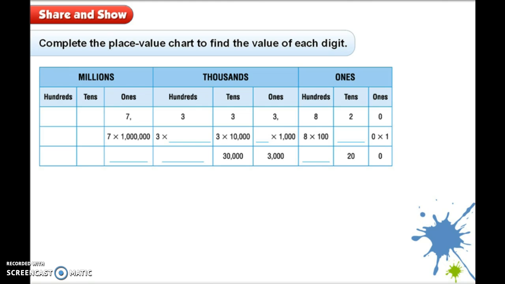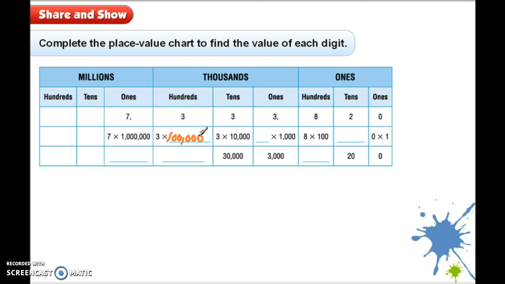Grady, what are we going to multiply 3 by? It's in the hundred thousands, so it's going to be by 100,000. Okay, so 100,000. Then they did 3 times 10,000.